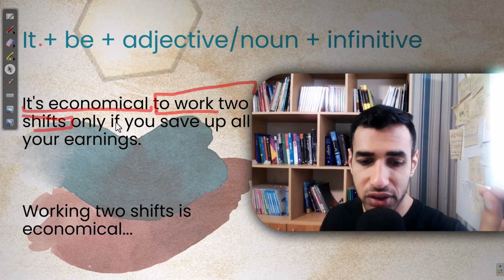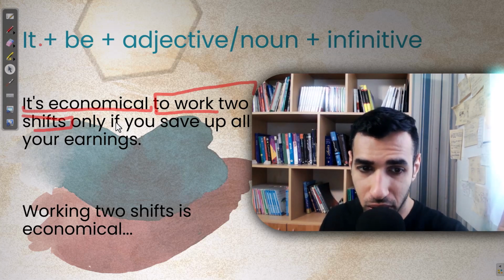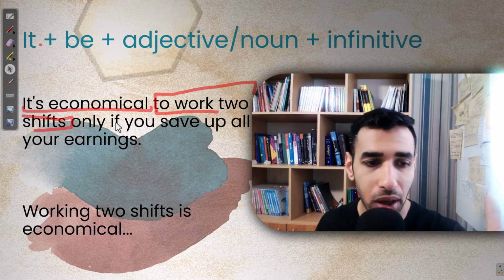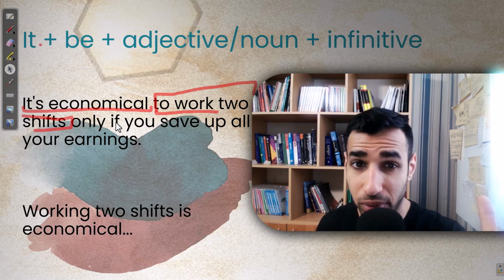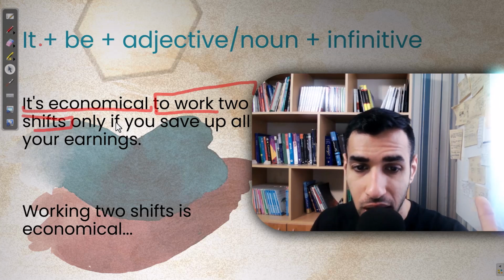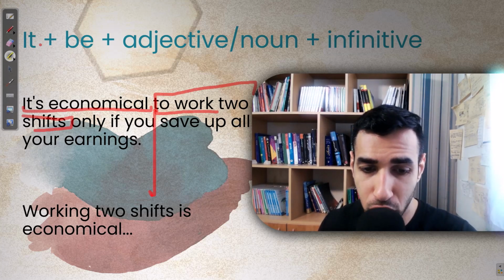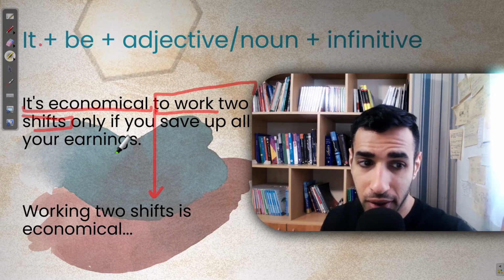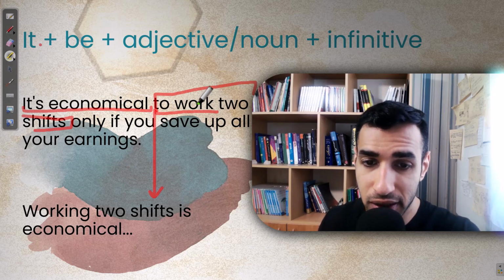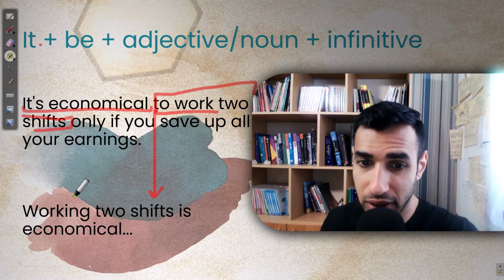Working 2 shifts is economical only if you save up all your earnings. To work 2 shifts can convert into working 2 shifts. To work converts to working.